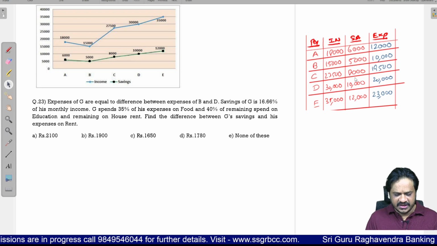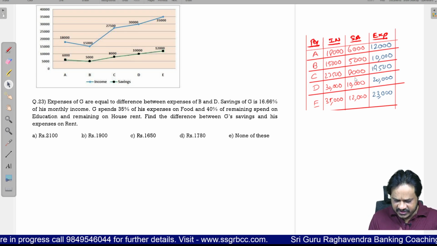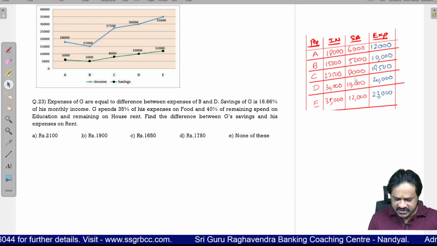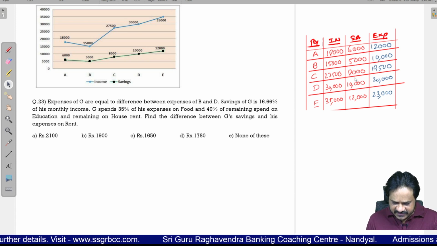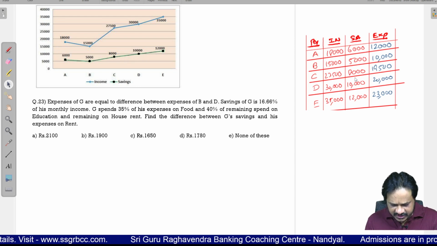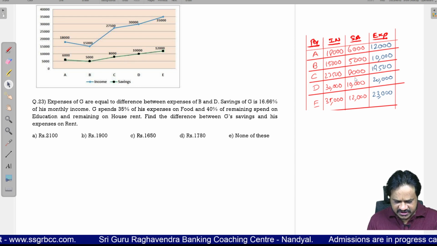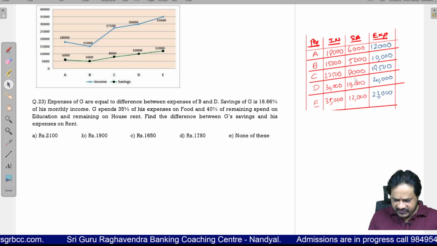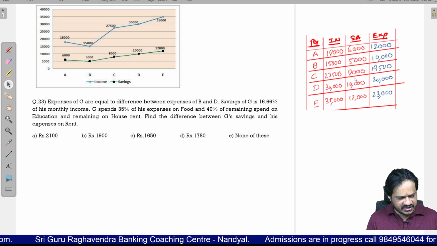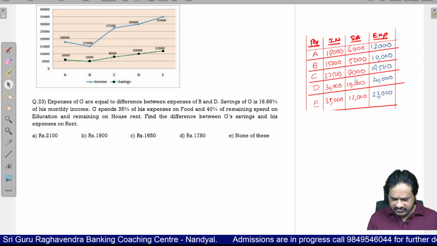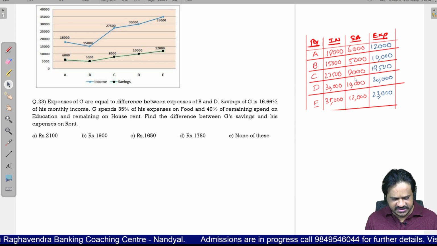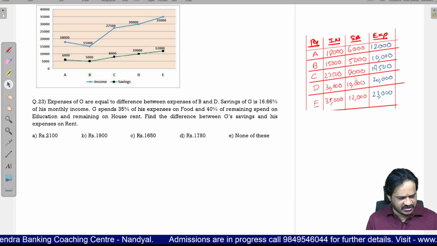Here, the expense of G is equal to the difference between the expenditure of B and D. Saving of G is 16.66% of his monthly income. G spends 35% of his expense on food and 40% of the remaining on education and the remaining on house rent. Find the difference between G saving and his expenditure on rent.